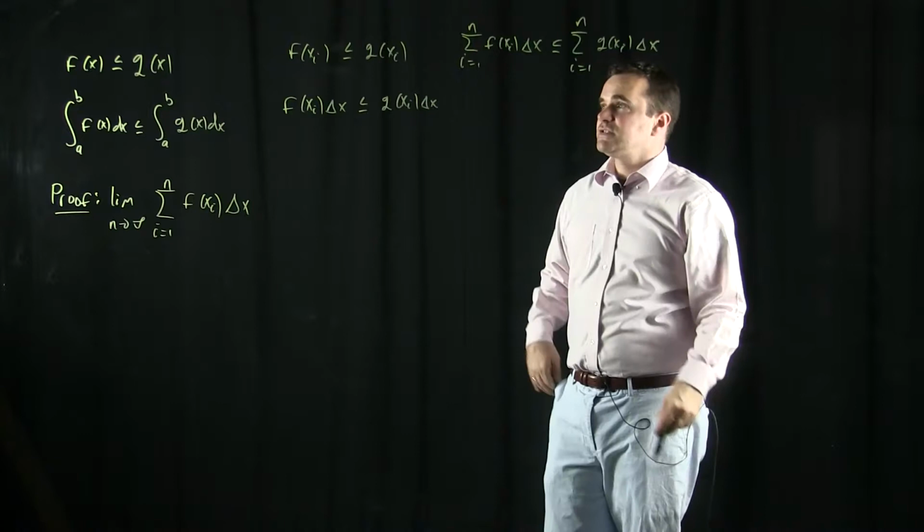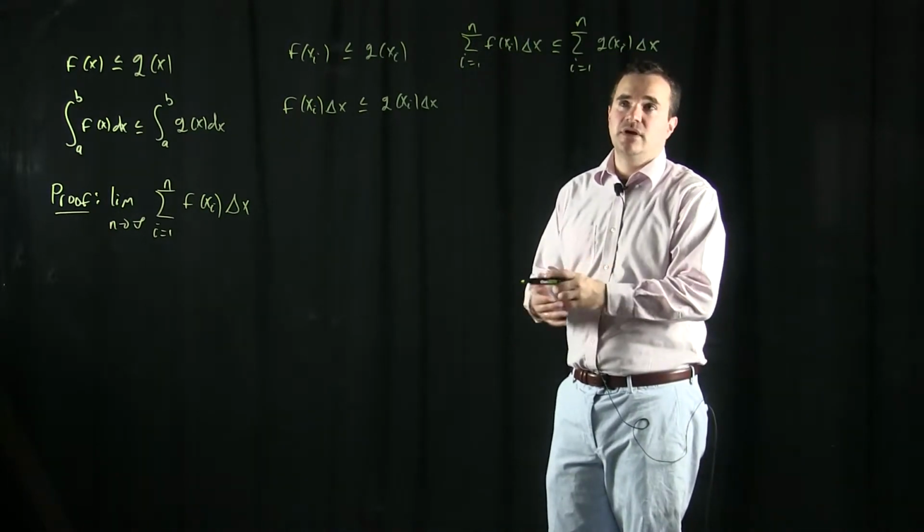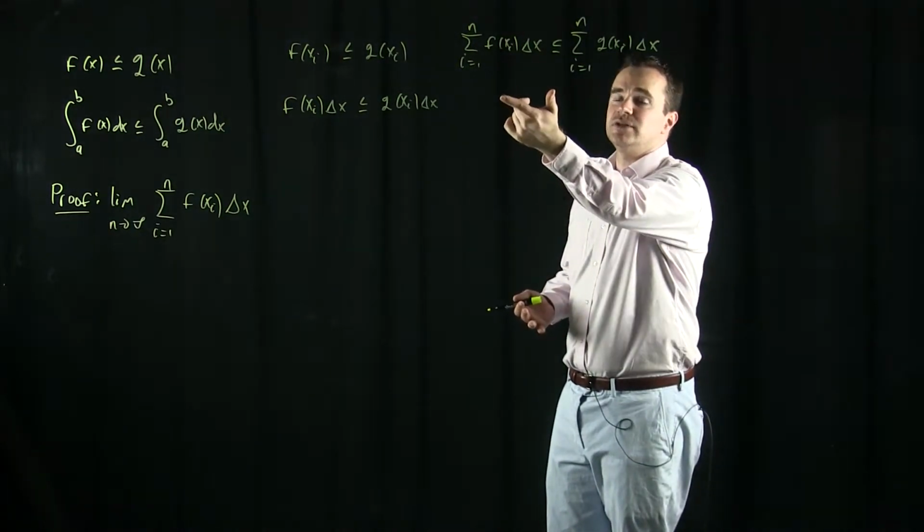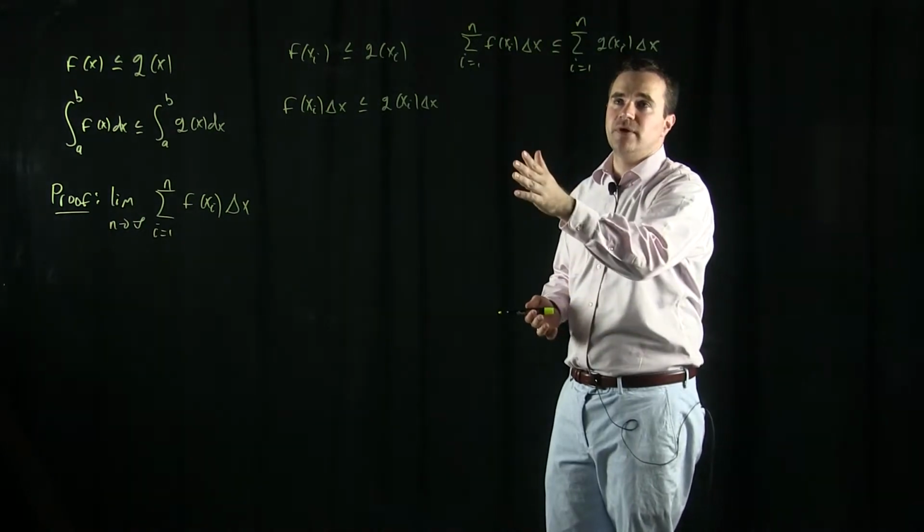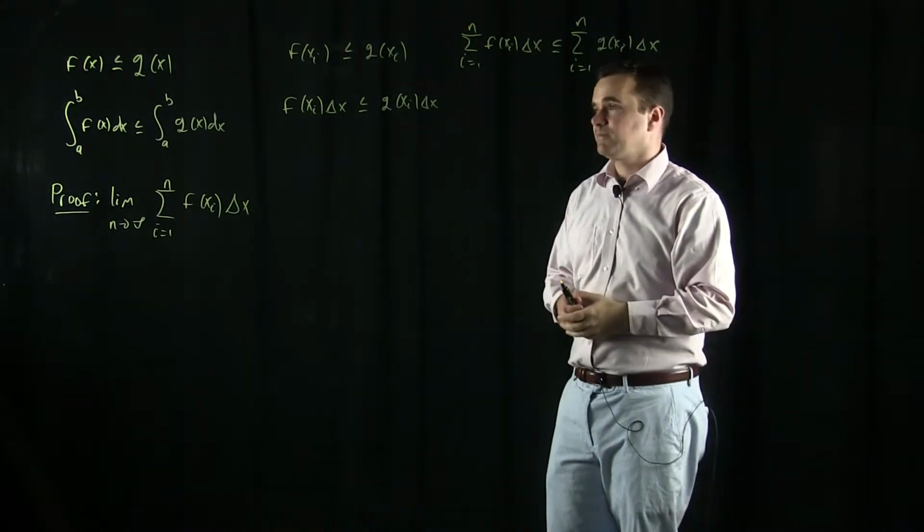So from our initial statement that one function was less than or equal to the other, I now get that this Riemann sum, this right-hand approximation, has to be less than or equal to the other one.